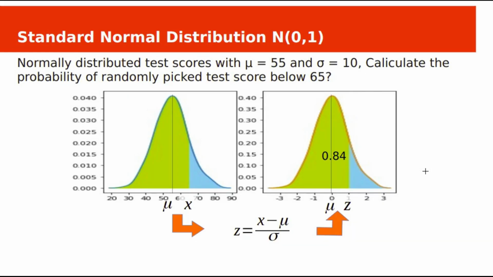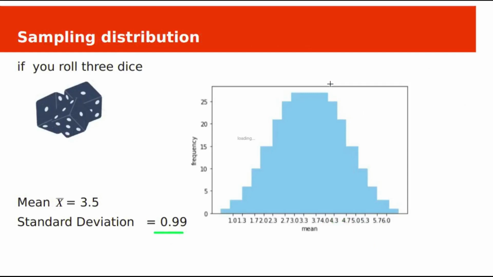Suppose you have test scores which are normally distributed with mean 55 and standard deviation 10. You pick a random test score without looking at it and you want to know the probability that the score is below 65. What you can do is take the probability density function of the normal distribution.